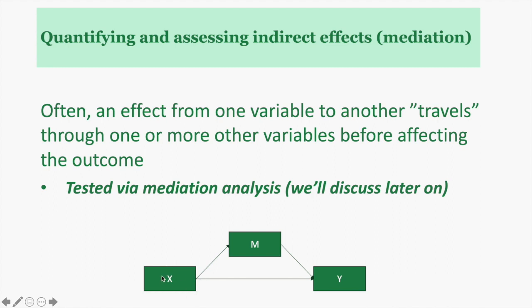We actually can look at, does our experimental manipulation affect one variable that in turn affects another? This is a really cool analysis. It has additional assumptions that are a little bit tougher, but it can answer a really good question. It's how is our experimental control affecting our outcome? Is it through this one?